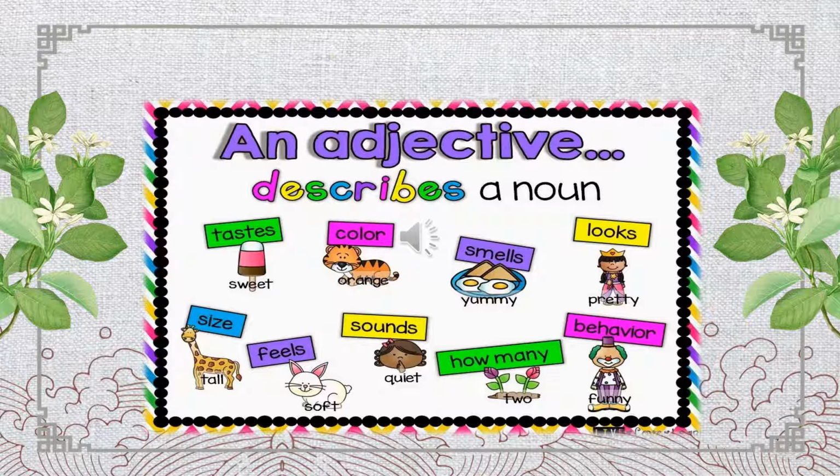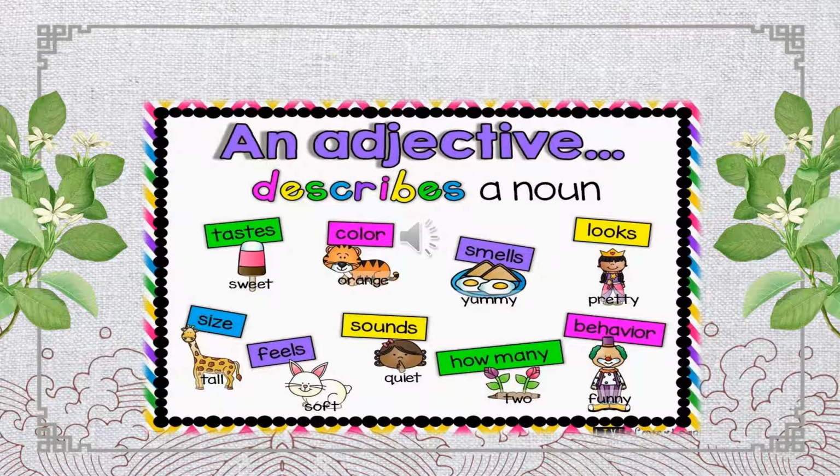Size, big, gigantic, small, dwarf, tiny. These are the words which define the size. Feels soft, feels hard, feels rough, feels smooth. These are the words which describe how something is felt. Sounds, quiet, loud. These are the sounds.